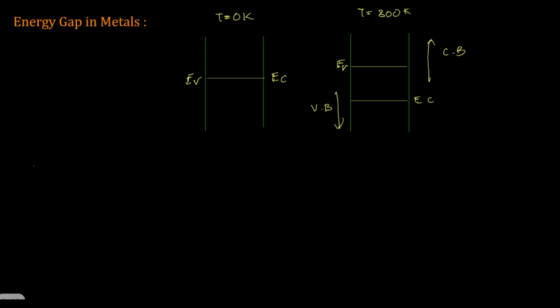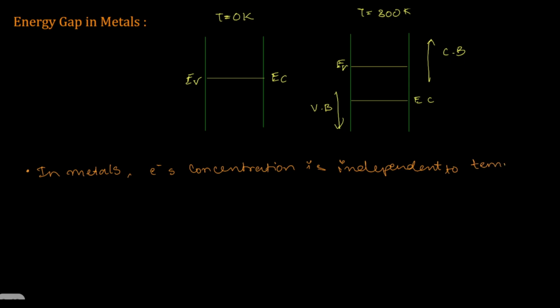So in metals, electron concentration is independent of temperature. At both 0 Kelvin and 300 Kelvin, I have charge carriers flowing from valence band to conduction band, independent of temperature.